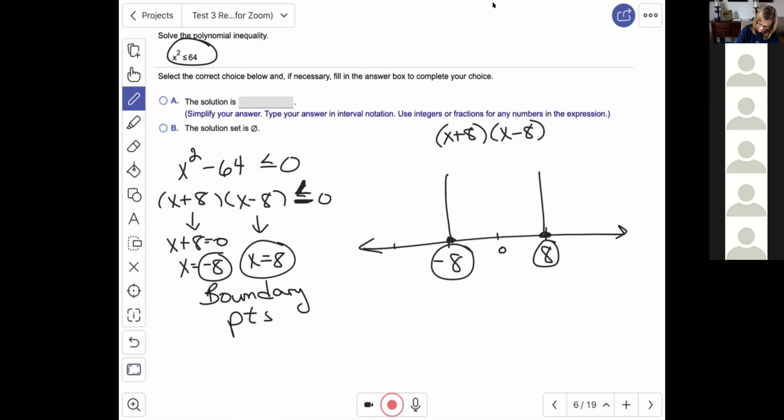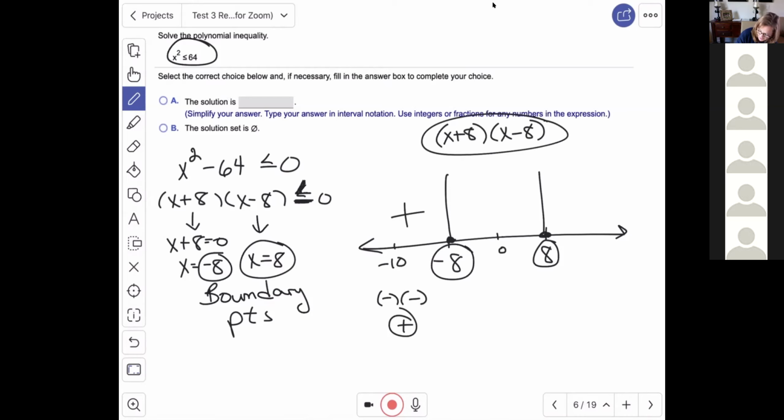If we chose something less than -8, like -10, you plug -10 in and get -10 plus 8, which is -2, and then times -10 minus 8, that's -18. Two negatives multiplied together give you a positive. So that whole region is positive.